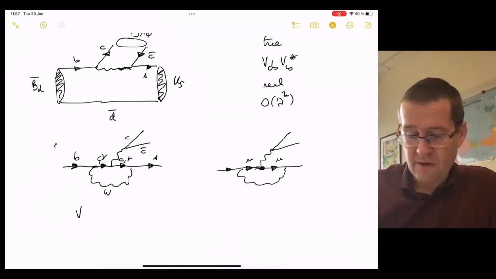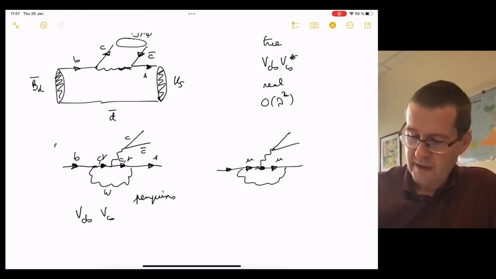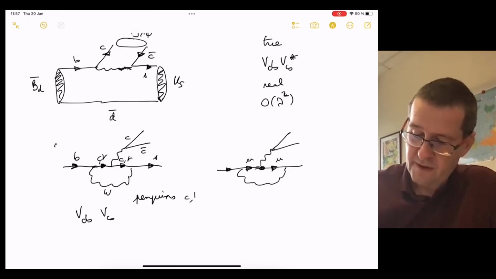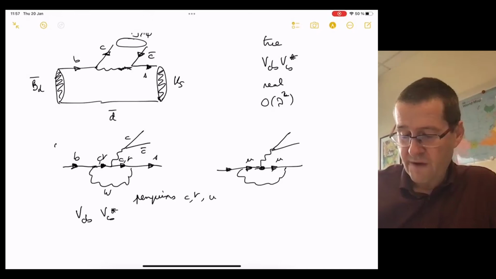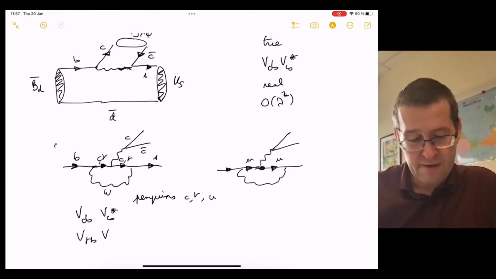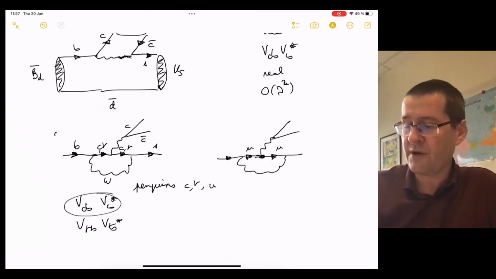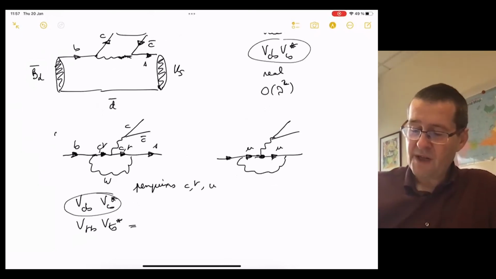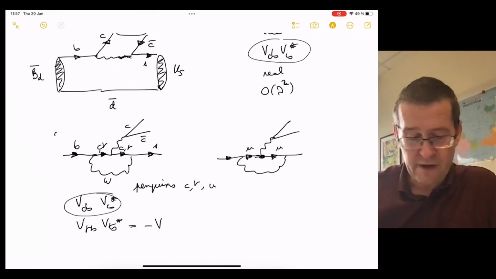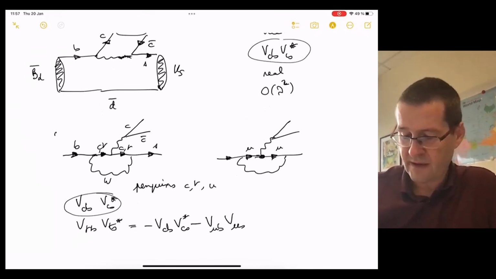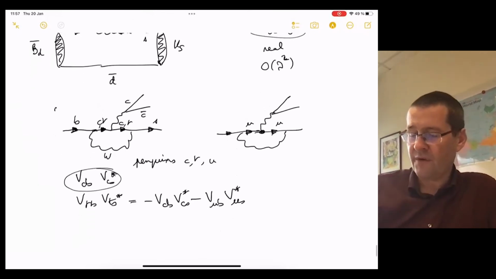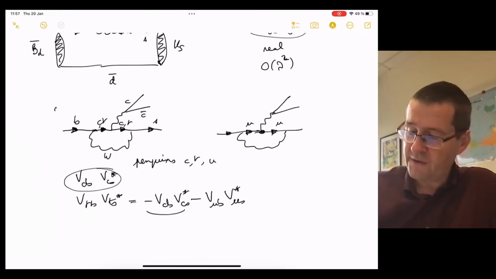Then if you're looking at the penguin contributions, so C, T, or U, then VCB, VCS star, or VTS, VTB, VTS star. So VCB, VCS star, that's the same contribution as the tree case. VTB, VTS star, it's very similar because actually by unitarity, you can express it as the sum of the two other terms here. One of them, which is dominant, and the other one, which is very small.